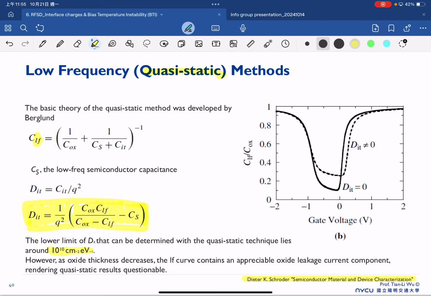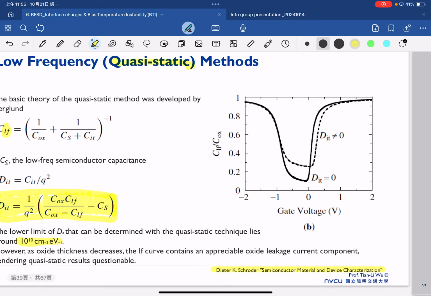This textbook is pretty useful. It's kind of like a tool book for me, even right now, because this book combines all the important characterization methods, from materials to electrical, defects, everything. You don't have to read all of it, but this book is like a dictionary. If you need something, you go there, and you will definitely find the information you need.